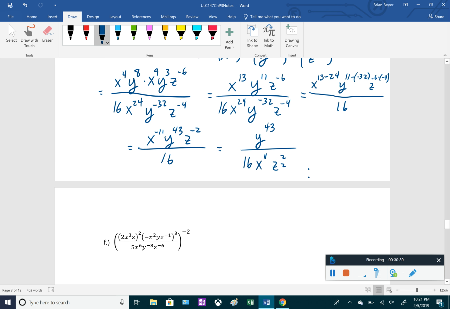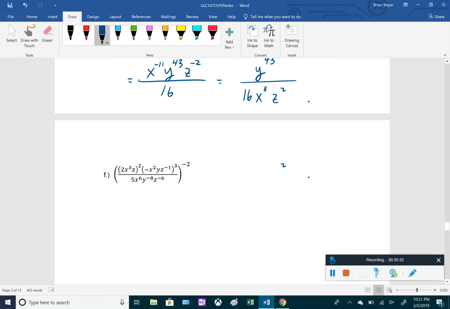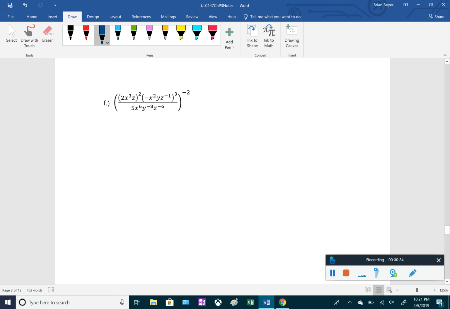So for this next one, I'm not going to go through and do the whole thing, just for the sake of that one taking a while. What I will do is start it off, and then I'll write the answer down. Okay, so we have this whole nasty big fraction to the negative 2. So what I'm going to do to start it off is I'm going to rewrite this by reciprocating what's inside those big parentheses.